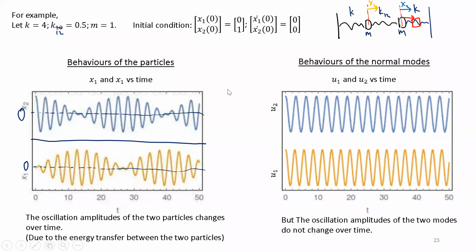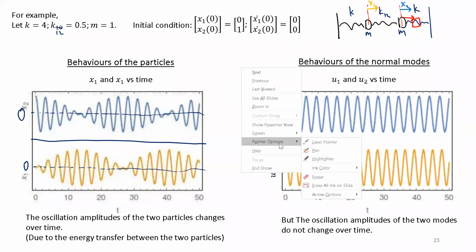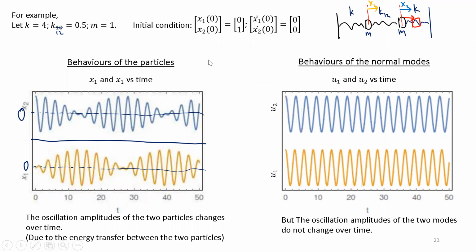One thing I want to mention here is that you might have learned about waves. For waves, you know that there are also many different modes. If you have two fixed walls with a string, you learned about standing waves before.